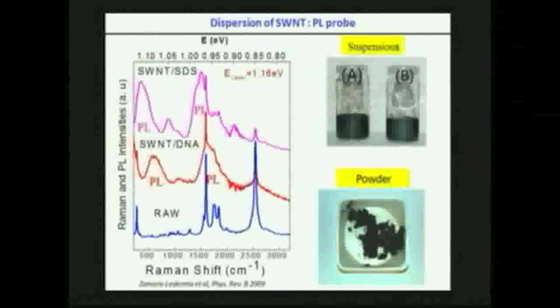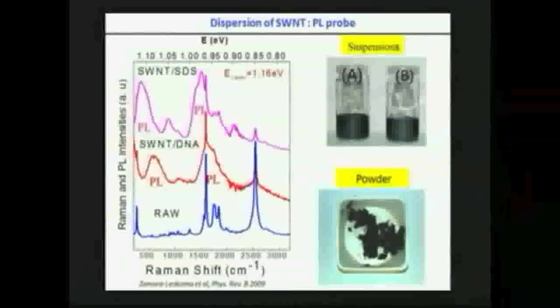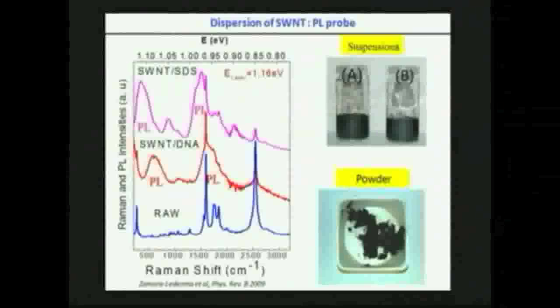And once again, you observe that the photoluminescence peaks are shifted, which means that the resonance energies are slightly different. This is once again a confirmation that the optical and electronic properties are very sensitive to the environment of the nanotubes.